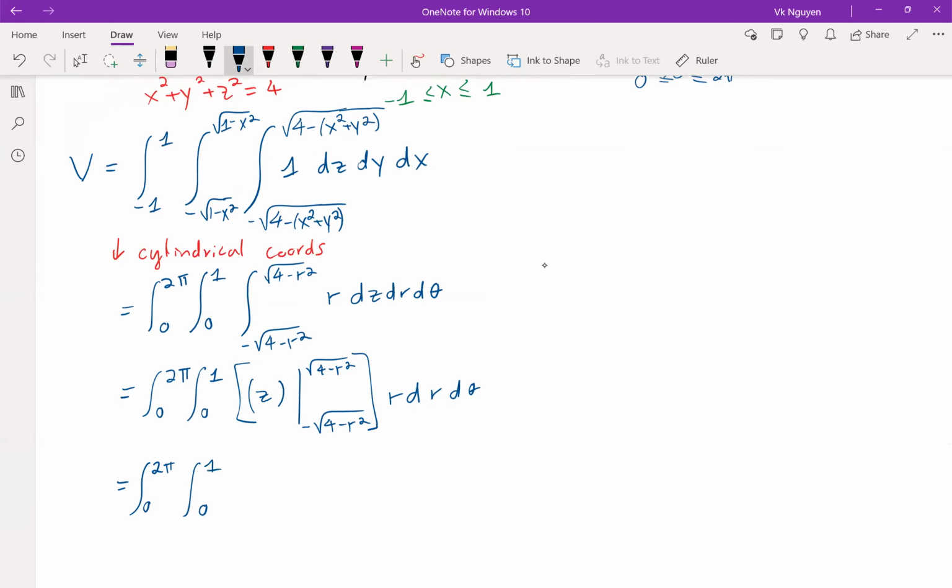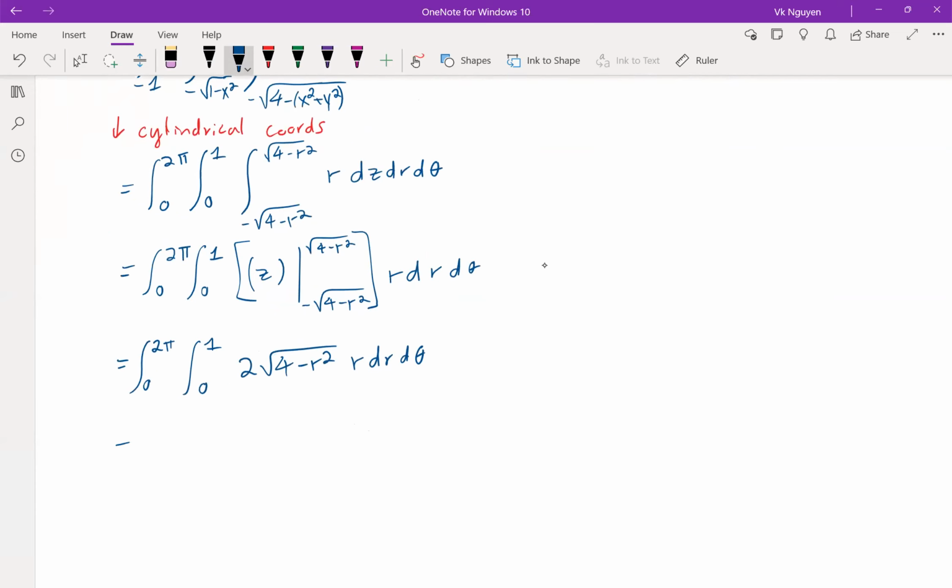So this is just two copies of this. So 2 root of 4 minus r squared r dr d theta, and then from here, what do we have? We have 2r times root of 4 minus r squared dr, right?